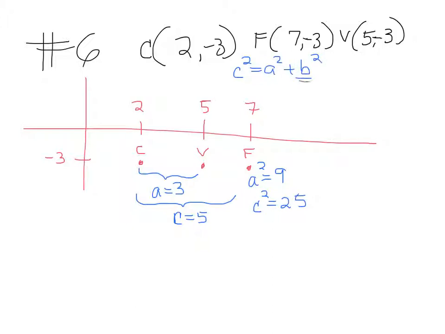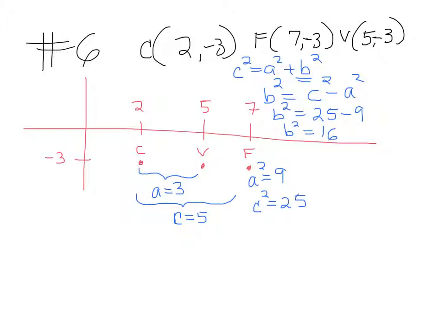So to find the B square is the same thing as subtracting the C square minus the A square. C square was 25, A square is 9, so B square is 16.